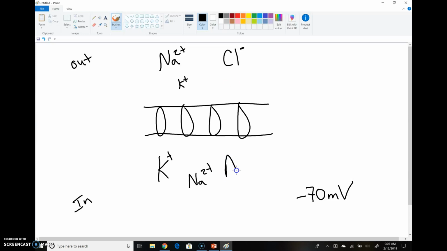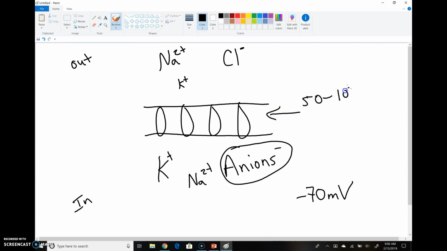Because what happens here is we have a large amount of negative anions on the inside of the cell.